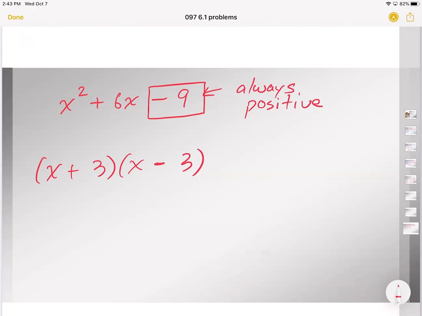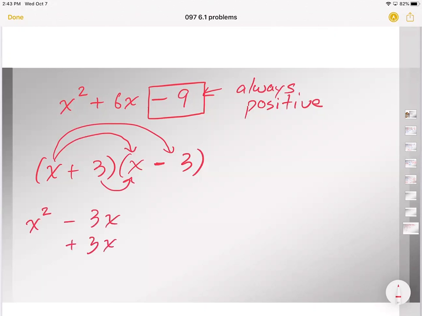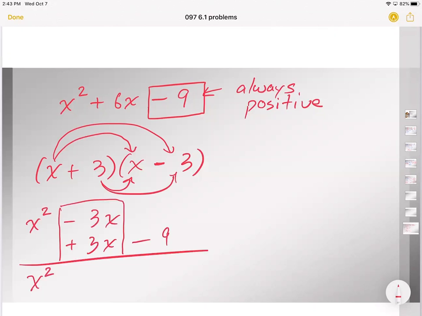And if this were to be the case, let's check this thing out. Well, if I multiply this thing here, x times x gives me x squared, x times -3 gives me -3x, 3 times x gives me 3x, and 3 times -3 gives me -9. And as you can see, what happened to the middle term? The middle term, I have a -3x and a positive 3x, they cancel out.